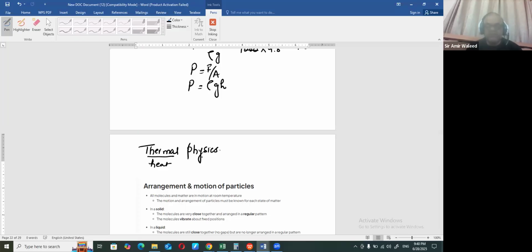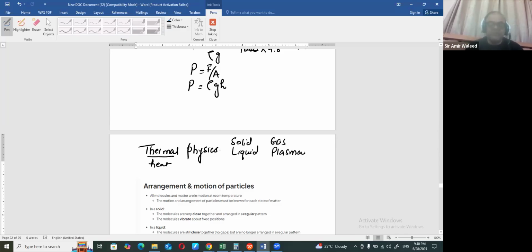Now, once we have to discuss that, technically speaking, first of all, that should be applied on different types of substances. Now, how many substances do you have? Technically speaking, we have four types of matter: solid, liquid, gas, and we do have plasma, but we are not talking about plasma at this point.